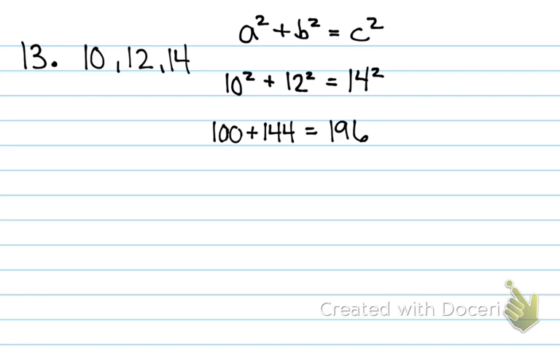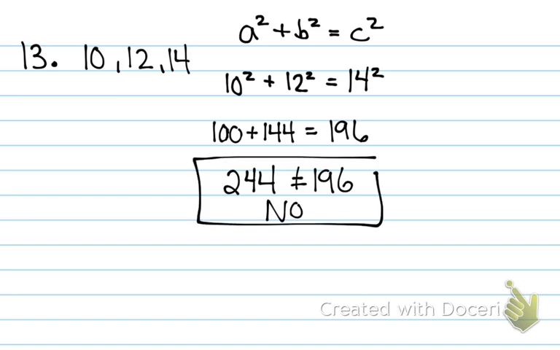So automatically we know this is not going to equal up. 244 does not equal 196. So these side lengths are not forming a right triangle. This is going to be my answer. We should be all set for our quiz on Monday now.